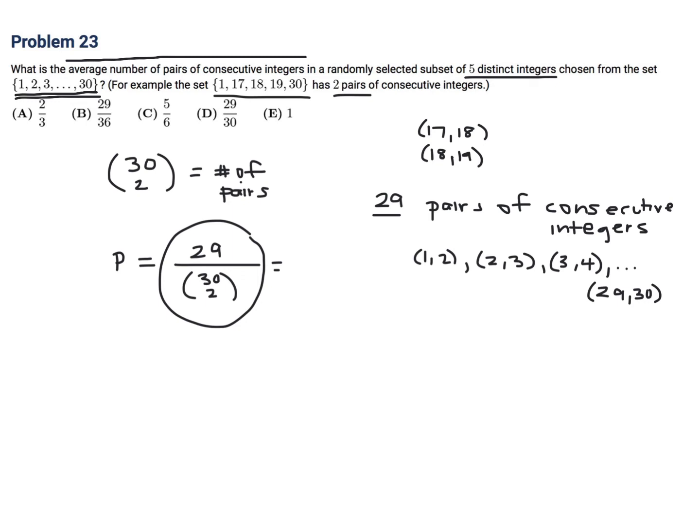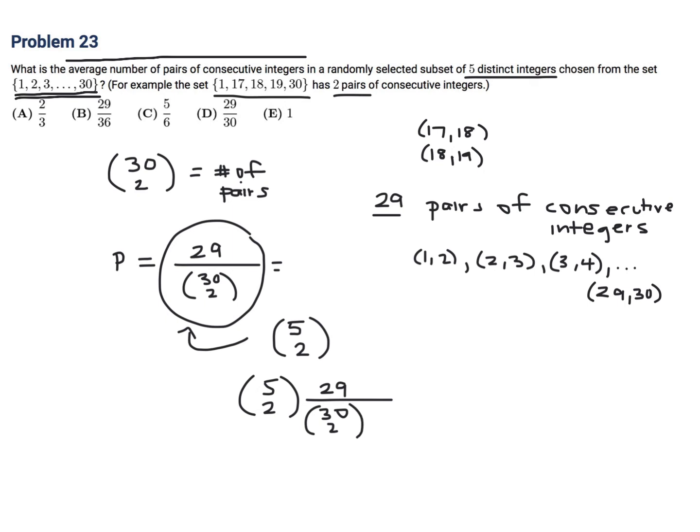So from 5, you have to choose 2. From 5 numbers, you have to choose 2 numbers. And those basically represent the pair of consecutive integers. So that's what we have to multiply this by. That would make the question complete. So in total, it becomes 5 choose 2, times 29 over 30 choose 2.